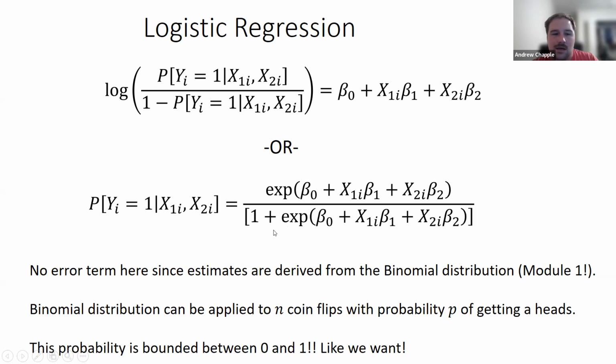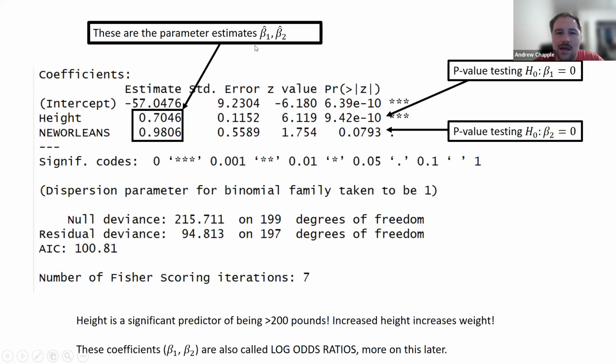There are no error terms since this comes from the binomial distribution from module 1. Remember, the binomial distribution is talking about n flips with probability p of heads, and it's a probability between 0 and 1 like we want. So we can do a logistic regression.